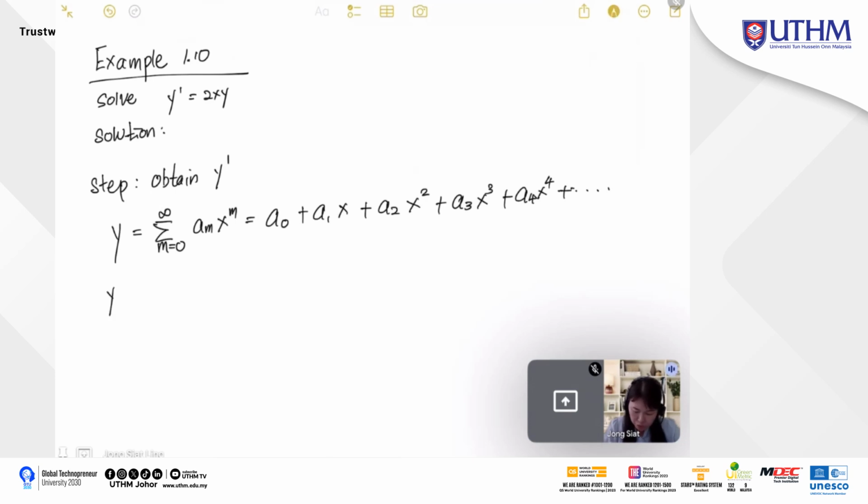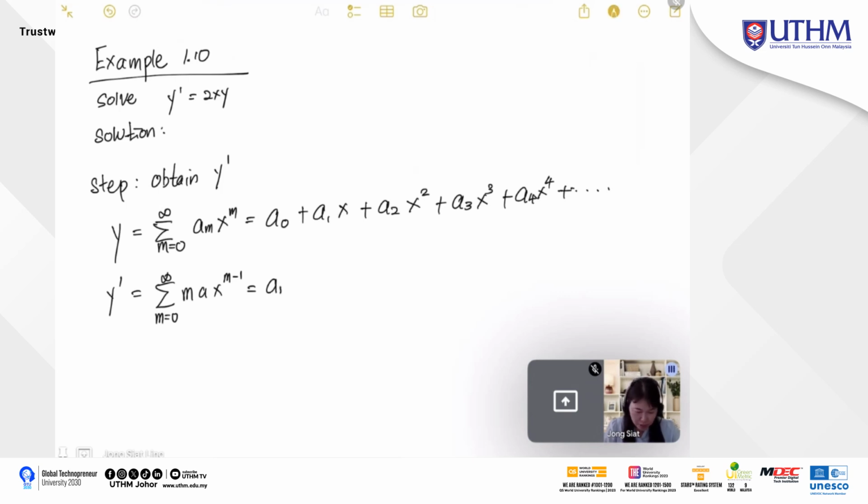Then you differentiate this y to get y prime. You differentiate x^m and get m a_m x^(m-1). When m equal to 0, you will get 0, so we start with m equal to 1.